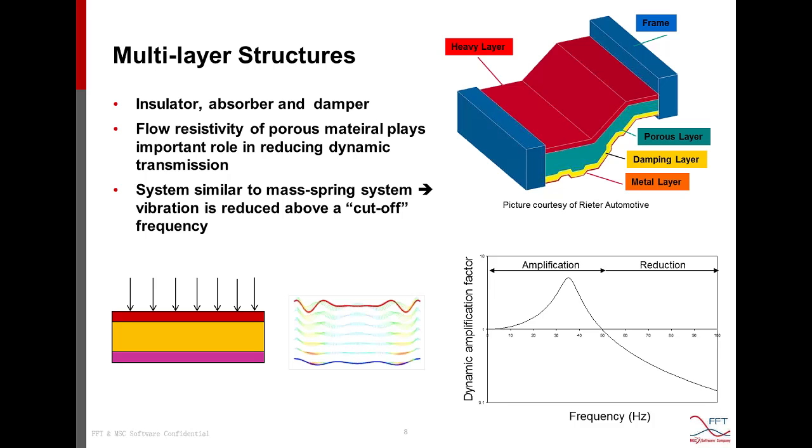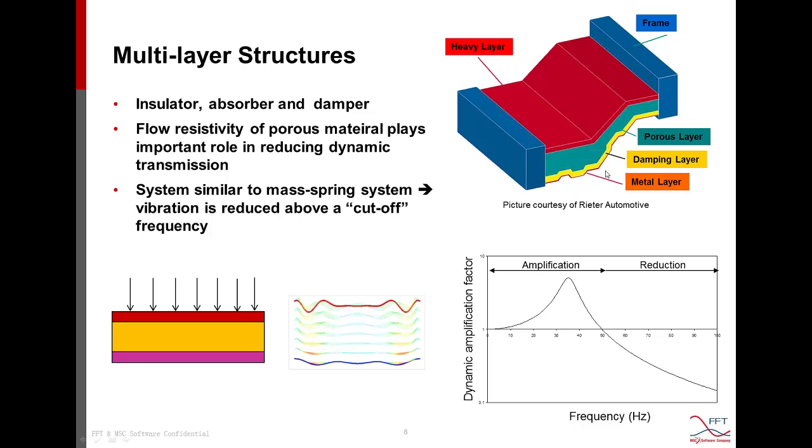In product design, especially here, I'm showing again an automotive example. In the automotive industry, many times these three mechanisms are combined together using a multi-layer structure design. So here in this figure that shows a typical automotive example, we see a four-layer design.